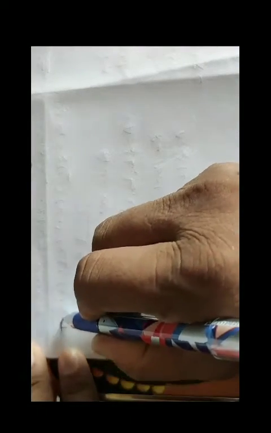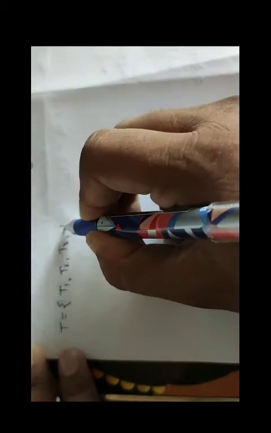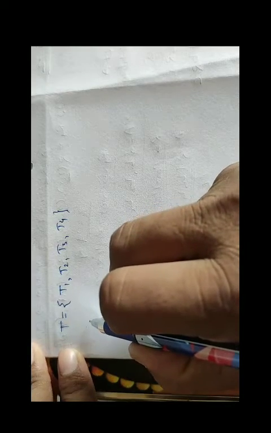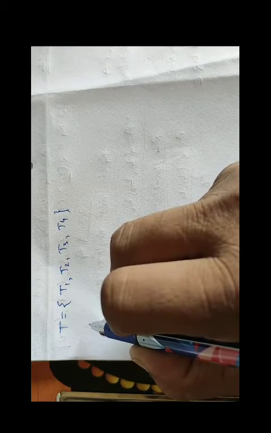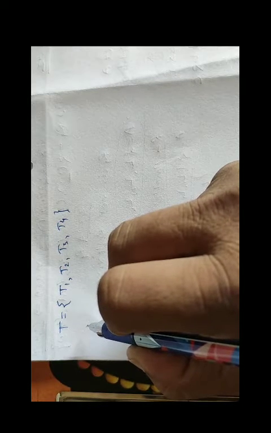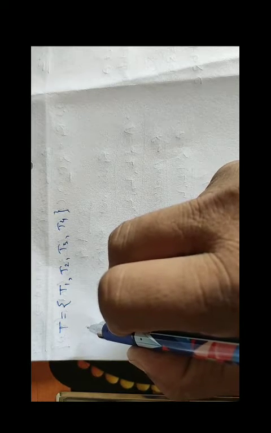Or we can also discuss one example that we have already discussed from 6th-7th standard. If T is the set of triangles T1, T2, T3, T4, and the relation between them is equivalence, that means congruent triangles, congruency.